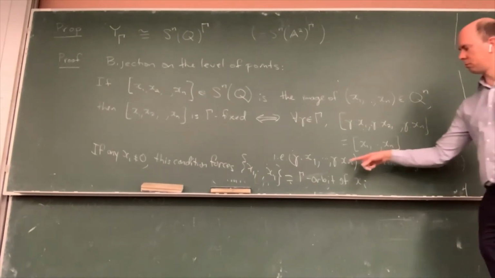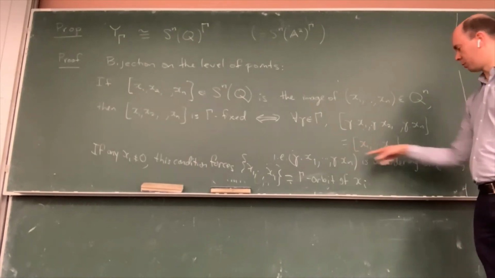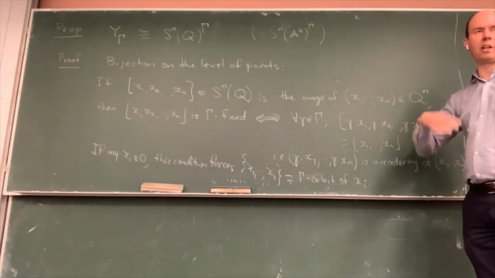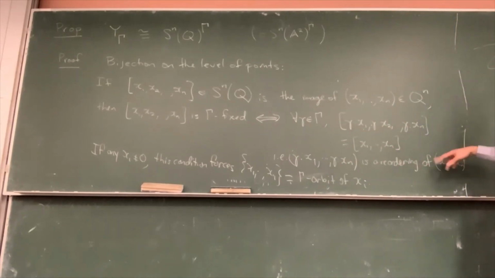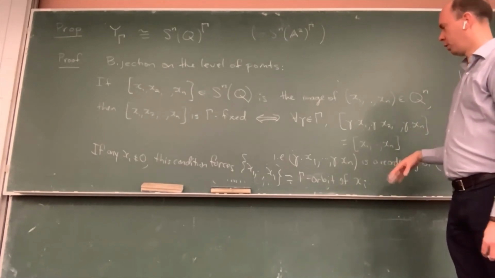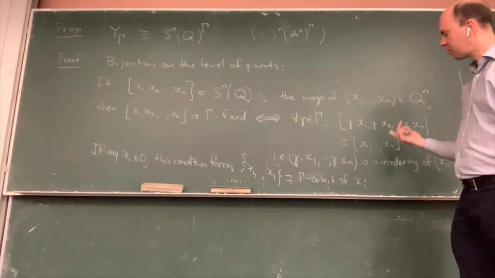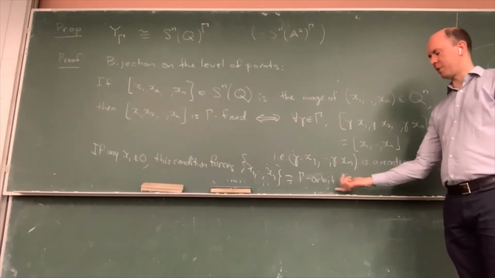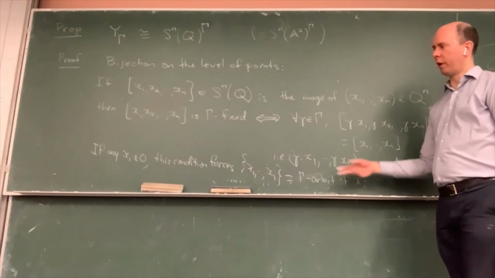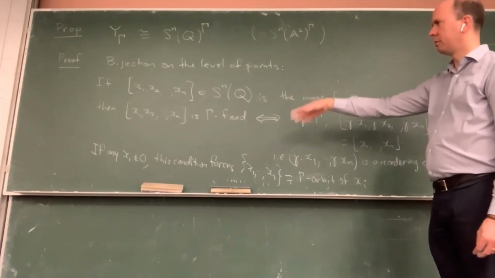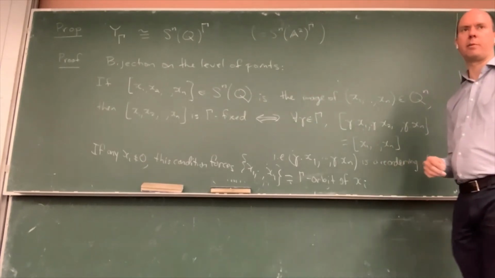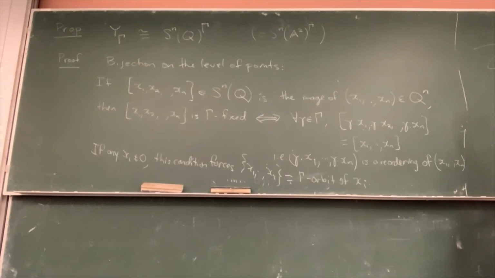Because as soon as you have something non-zero, this condition will force all its translates under elements of gamma to be contained in the set still, and the size of the set is exactly the size that you expect that orbit to have. So either you have some non-zero component, in which case your unordered n tuple has to be a gamma orbit, or if all the components are 0, then you correspond to the 0 orbit in Y gamma. So at the level of points, it's a bijection.